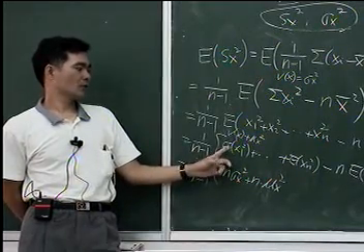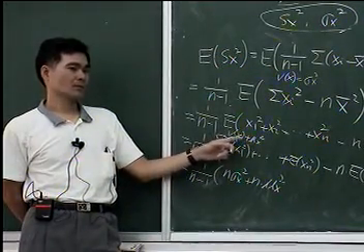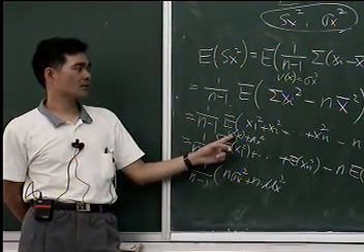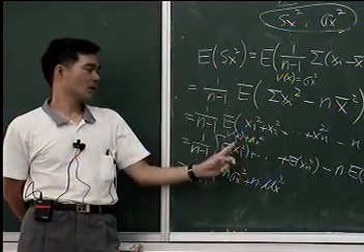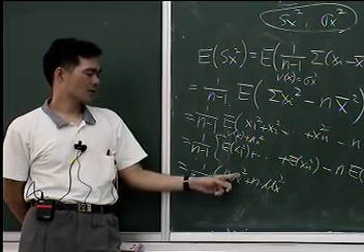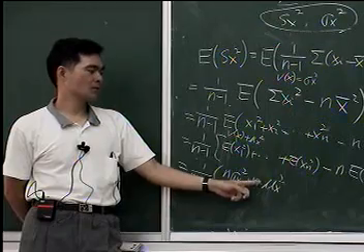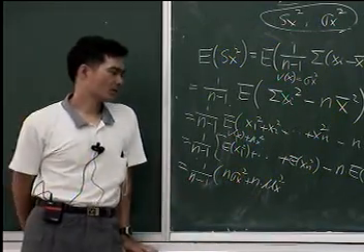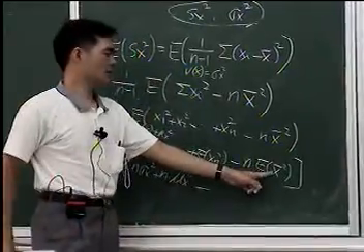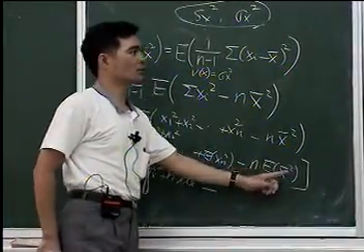Because we know this one is equal to Vx plus mu x squared, and the variance of x is sigma x squared. How many do we have? We have n. So this will be n times sigma x squared plus n times mu x squared. The same thing here, because the expectation of x bar squared is here.